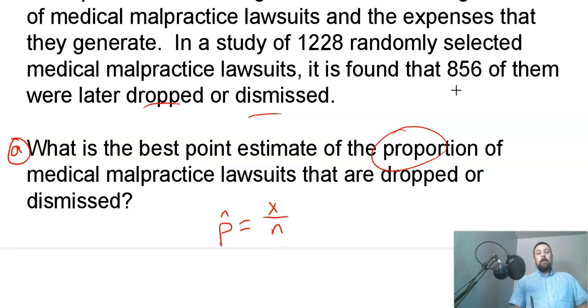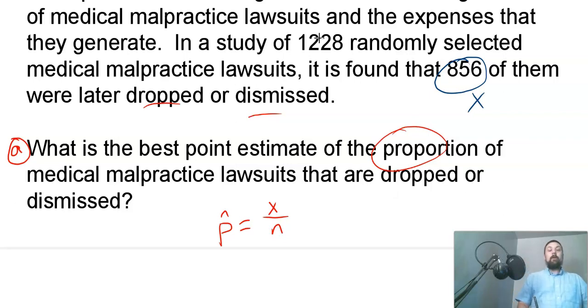The number of cases that were dropped or dismissed was 856, so that's the value for X. That's the number of successes. Again, not that it's a successful thing to have a lawsuit dropped or dismissed, but that's the thing we're doing the calculation on, so that is the thing we label a success. That's what we talked about with the binomial distribution, and there are some definite strong parallels here between the binomial distribution and calculating probabilities involving proportions.